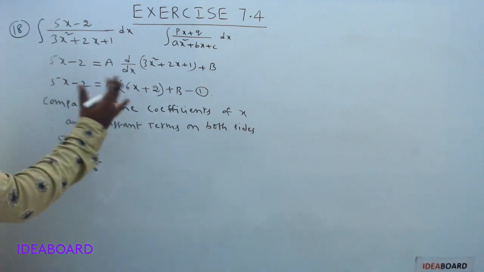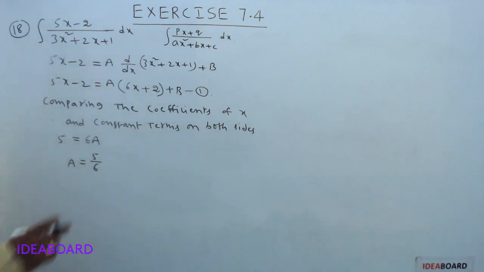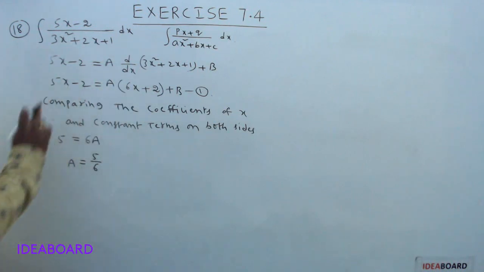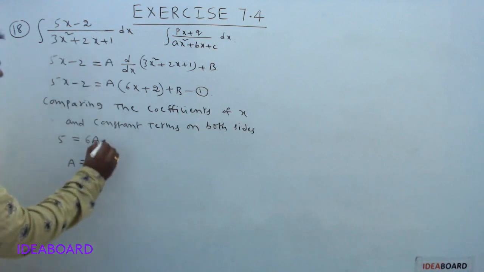Then comparing the constant terms on both sides. In the LHS part, the constant term is −2.